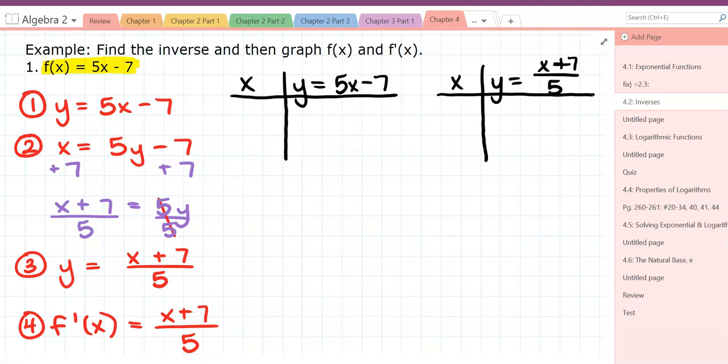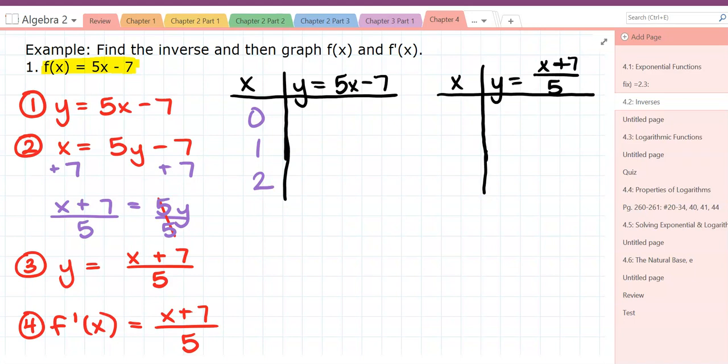Look at your first function, pick two numbers, any two numbers that you would like. So if you want to go with 1 and 2 again, or even 0, 1, and 2, if you want to add in a third point, you can. I'm going to go 0, 1, 2 here. You can do as many points as you'd like.